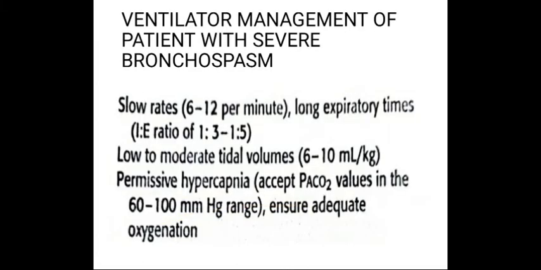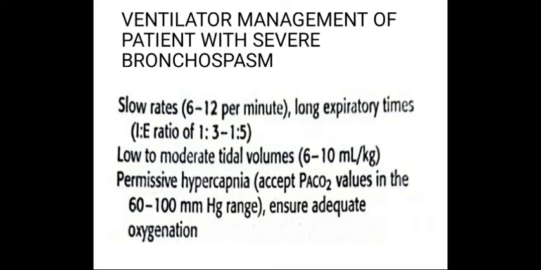In short, the ventilatory management of patients with severe bronchospasm is: number 1, slow rates, that means respiratory rate should be between 6 to 12 per minute. Then long expiratory times, that is IE ratio of 1:3 or 1:5.